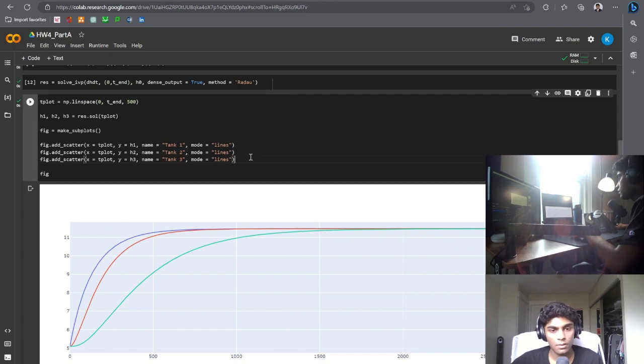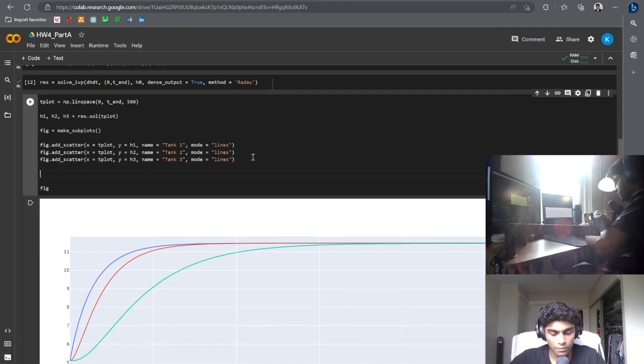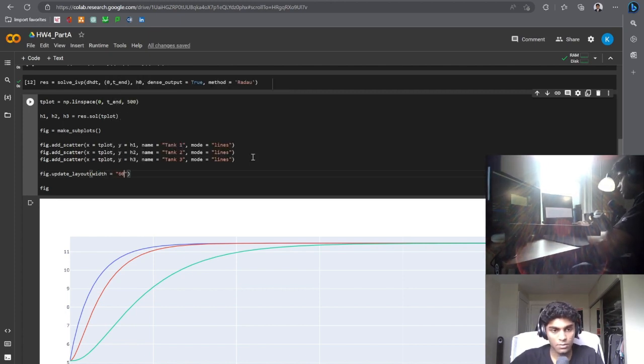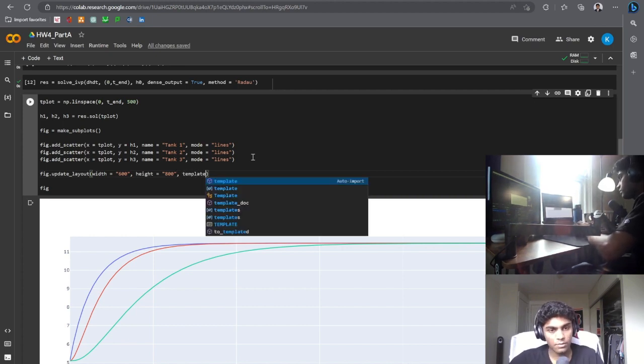Let's go fig.update layout. We're going to go width equals 600. Height equals 800. Let's also change this to dark.